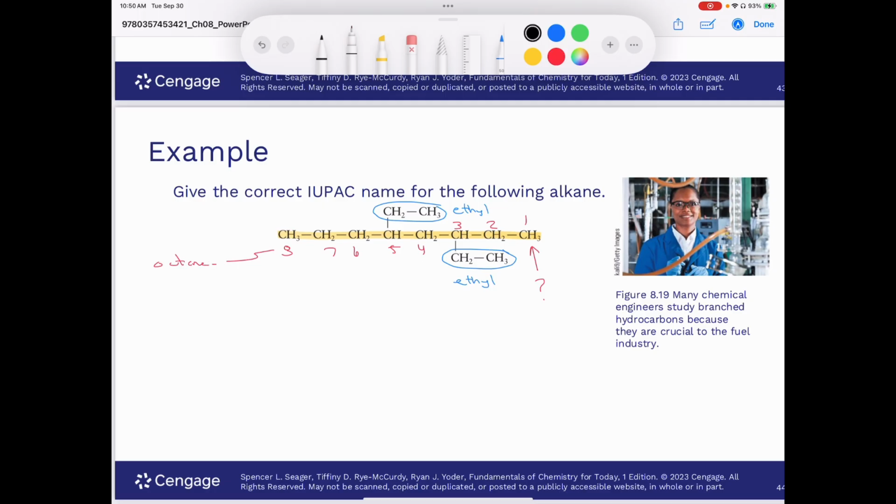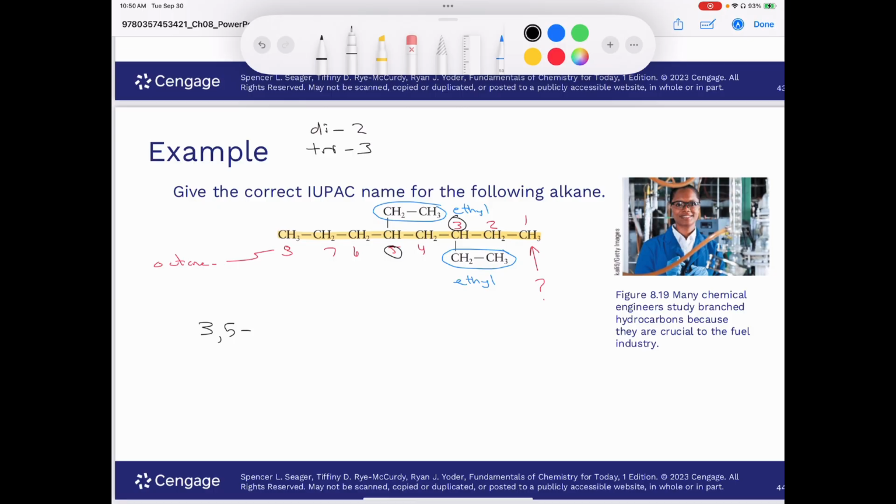And so the name of this compound, we've got two ethyl groups. There's one at carbon 3 and there's one at carbon 5. So we're going to put 3, 5. We separate numbers by a comma. We separate numbers and letters by a dash. Now, if there's 2 of something, we use the prefix di. If there's 3 of something, we use the prefix tri.